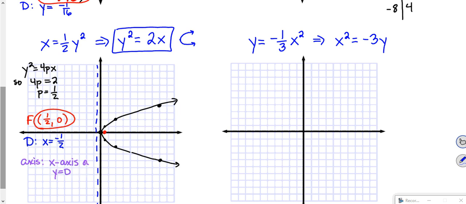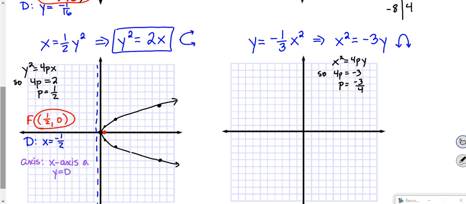Now, this is going to be an up or down parabola, right? Because it's x squared. And because the 3 is negative, it's going to be a down-facing parabola. Remember, our basic form for these is x squared equals 4py. So that means that 4p equals negative 3, so p is negative 3/4.